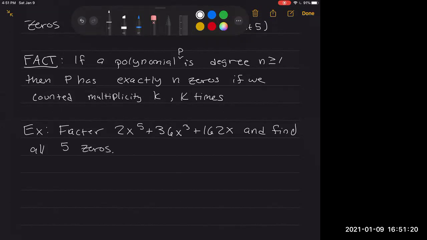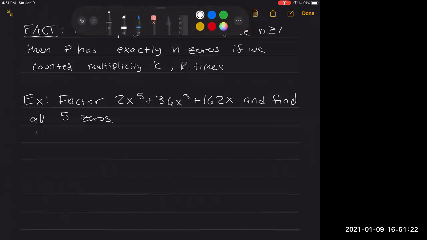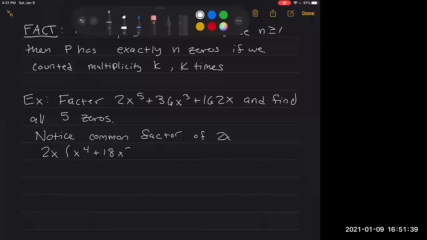So first we're going to notice our common factor of 2x. So if we pull that out, we have 2x times x to the 4th plus 18x squared plus 81. And then we'll notice that this will become x squared plus 9, squared, because 9 squared is 81 and 9 plus 9 is 18.